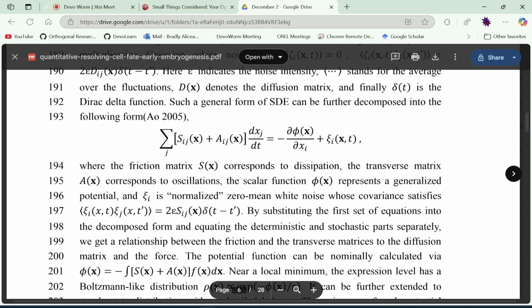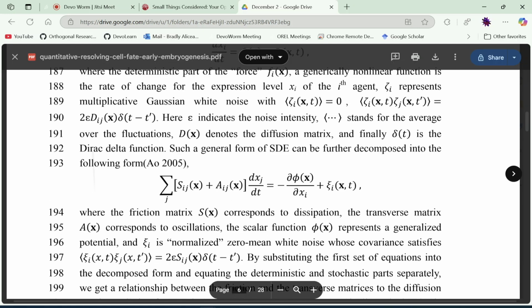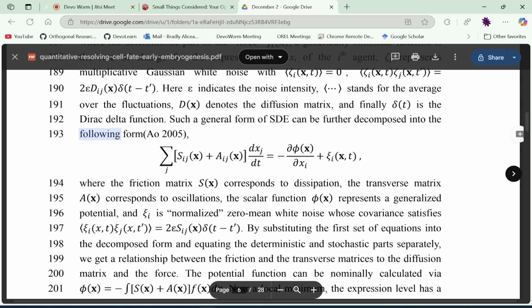So you can take this basic stochastic differential equation, which has a deterministic and a stochastic component, and you can break this down into specific types of things going on. So there might be oscillations, there might be dissipation, there might be this sort of potential that we don't describe in terms of molecular biology, but it's in the equation, and then this normalized white noise, which is the stochastic component.